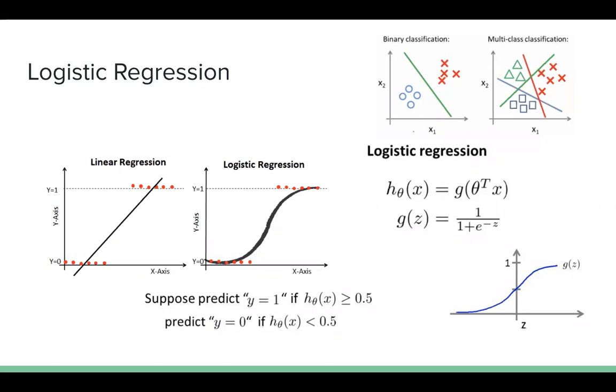Whereas logistic regression falls into the category of classification. When I say it is classification, it basically has a discrete output. That means class labels. For example, if it is a binary class, whether it is 1 or 0, true or false, it has some discrete output.